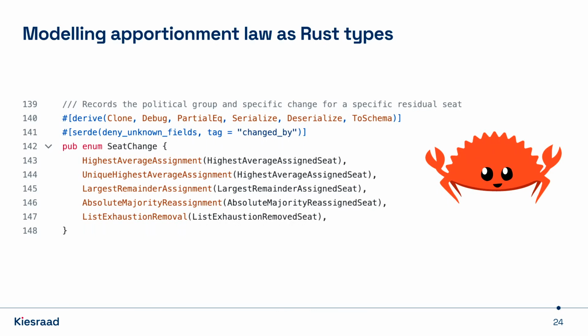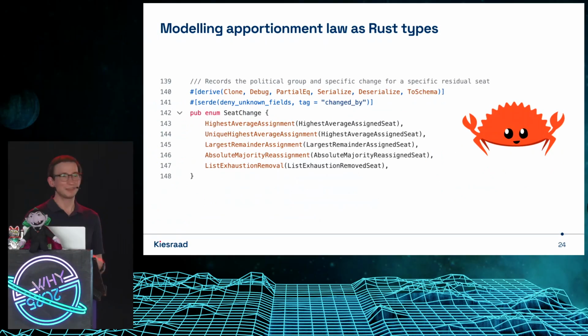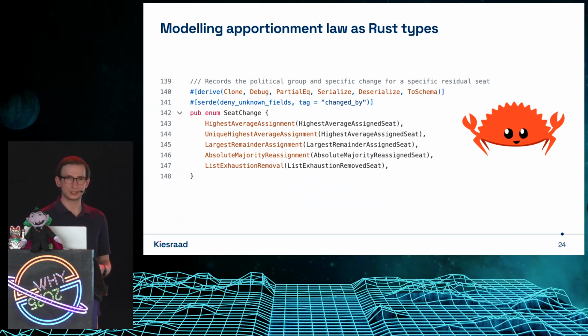And then there's list exhaustion if there are not enough candidates for the seats that are assigned. And a seat can be reassigned to another party. Quite complicated, but using the type system comes in handy. It really helps us understand the code, and it maps nicely to the election law.